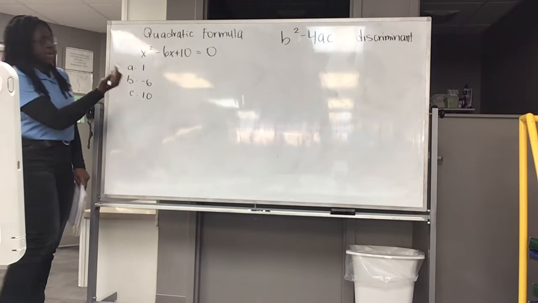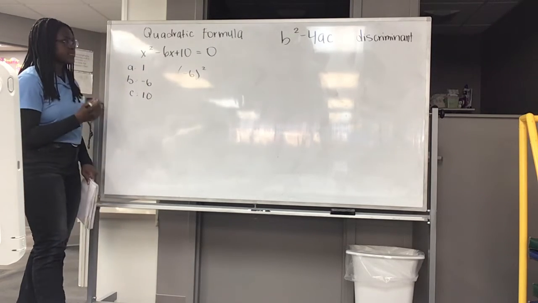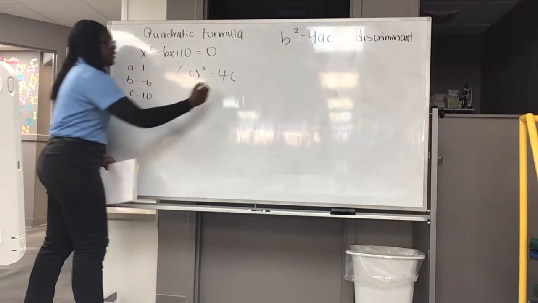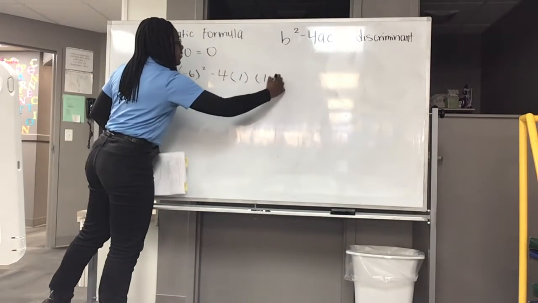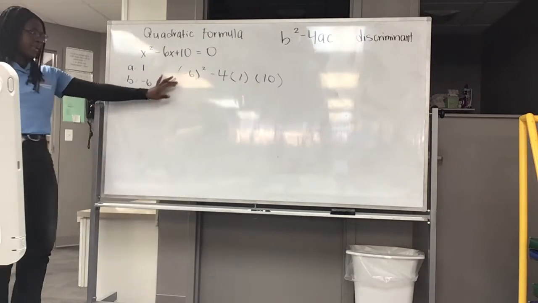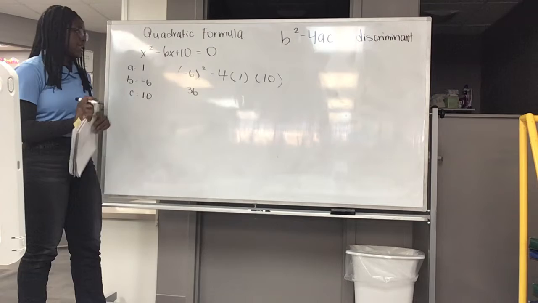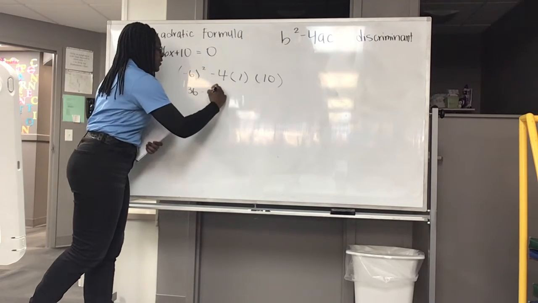So b squared is negative 6 squared, minus 4 times a, which is 1, times c, which is 10. Negative 6 squared is 36. And then negative 4 times 1 times 10 is negative 40.